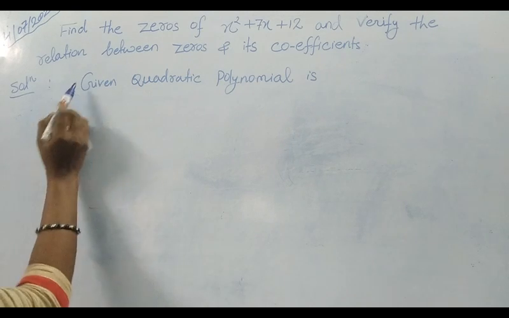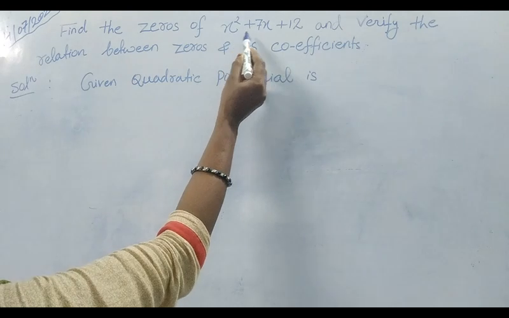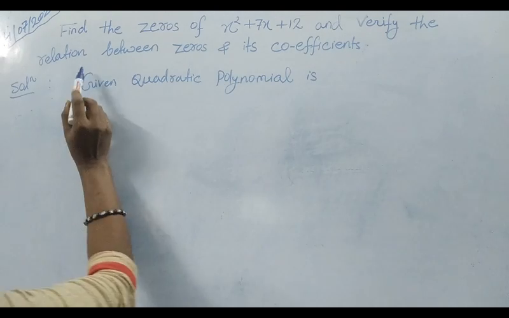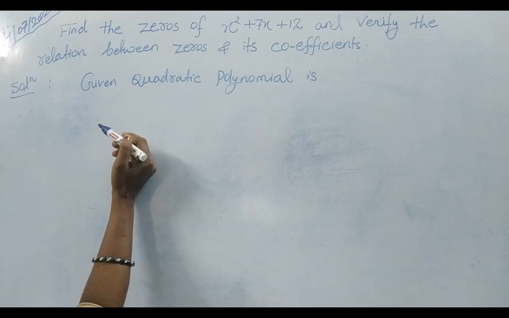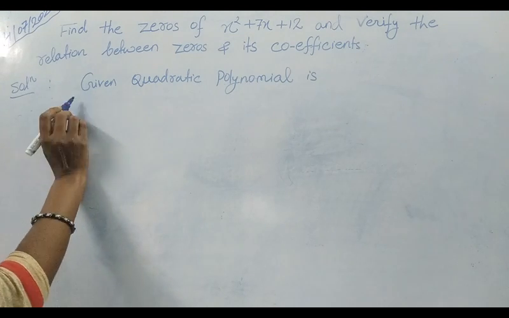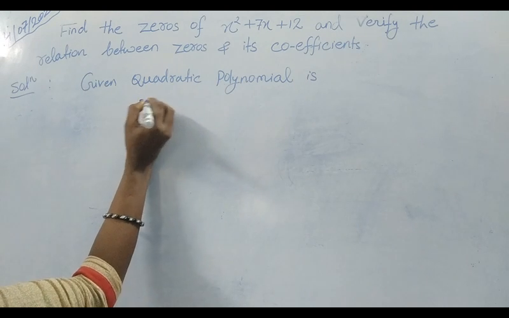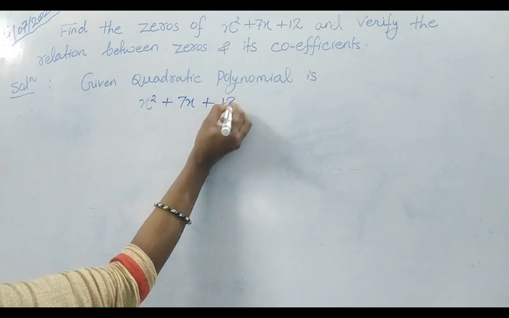Look at this question. Find the zeros of quadratic polynomial x square plus 7x plus 12 and verify the relation between zeros and its coefficients. So we write here, given quadratic polynomial is x square plus 7x plus 12.